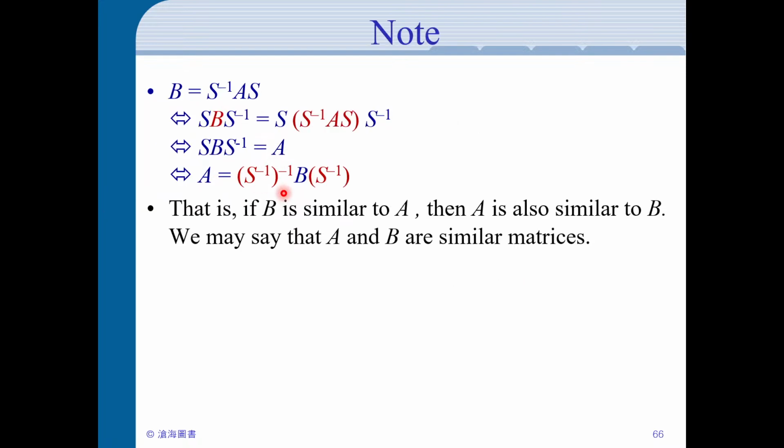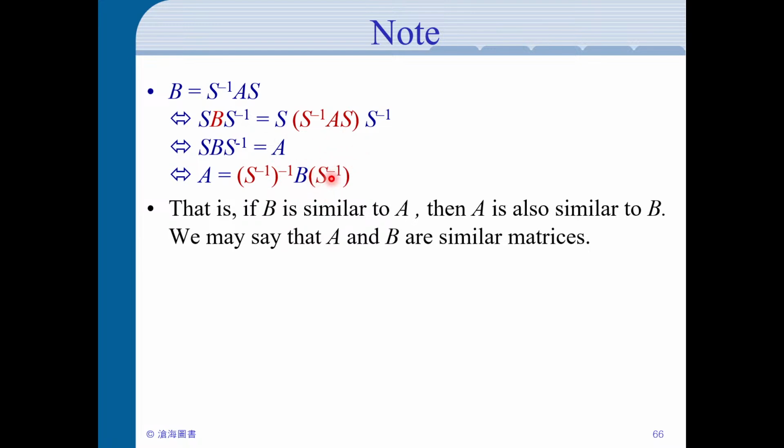And also you can go the other way, right? So you can write B equals S minus 1 A S and A equals S B S minus 1. So you see that A is also similar to B. Similarity is a symmetric relationship because you have another S here being S minus 1.